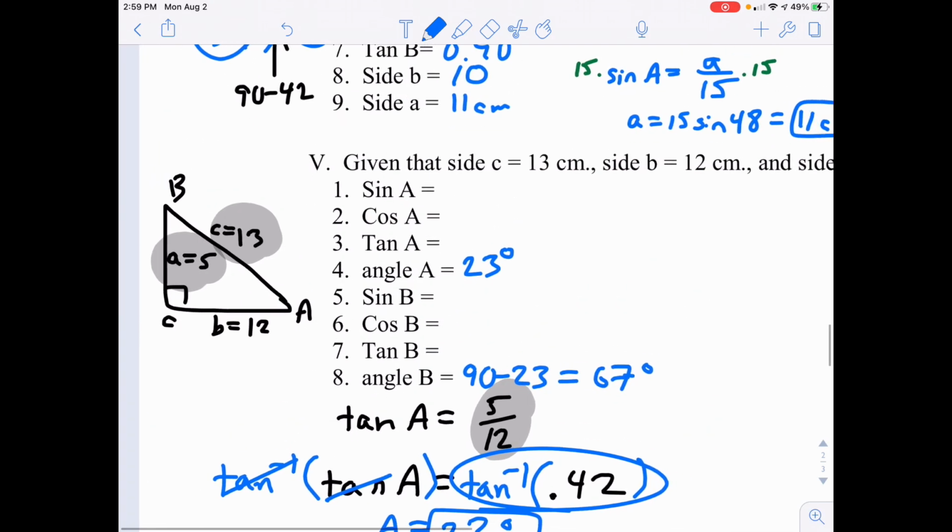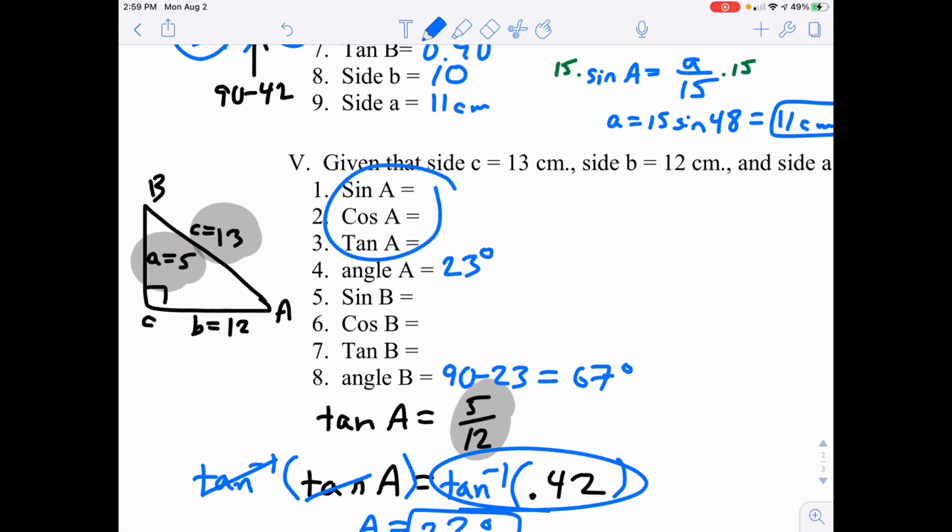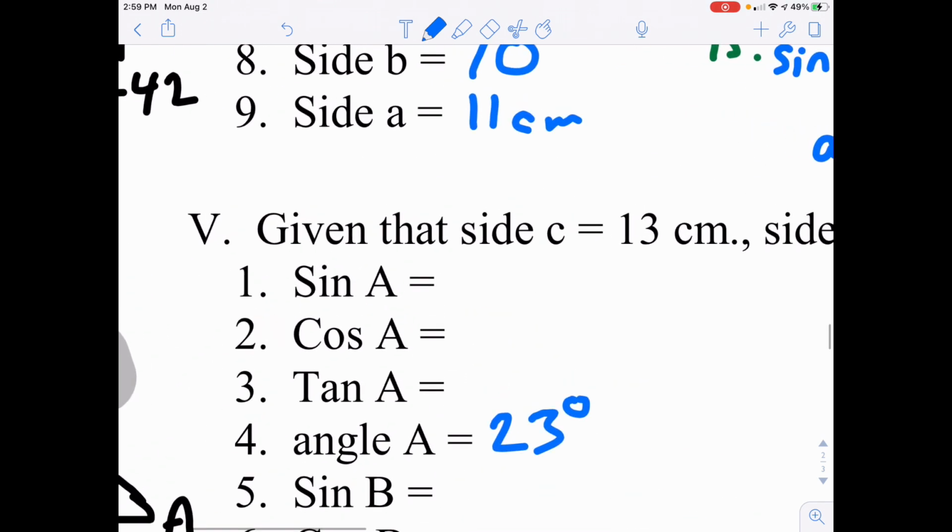Well, that's easy, because now once we have those, we're going to take the sine, cosine, and tangent of 23. Sine 23 is 0.39. Cosine of 23 is 0.92. Tangent of 23 is 0.42.